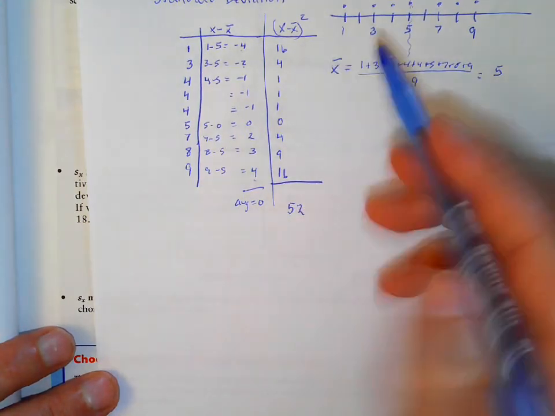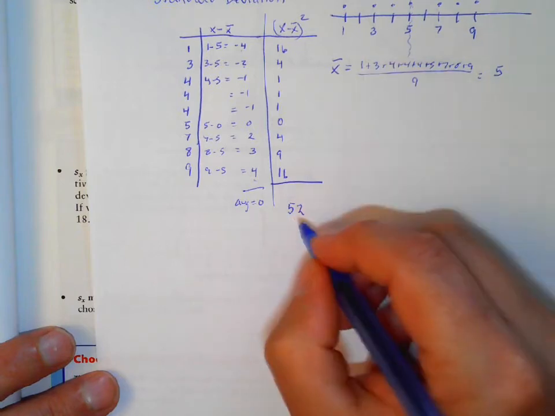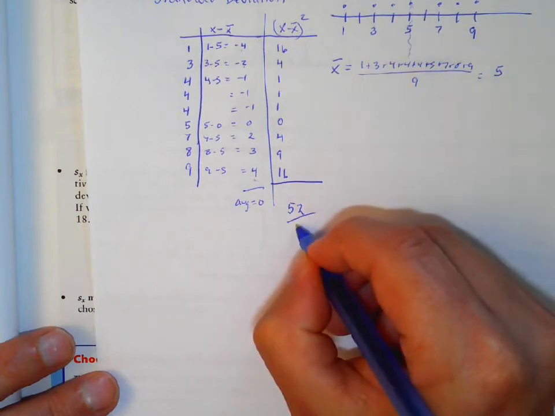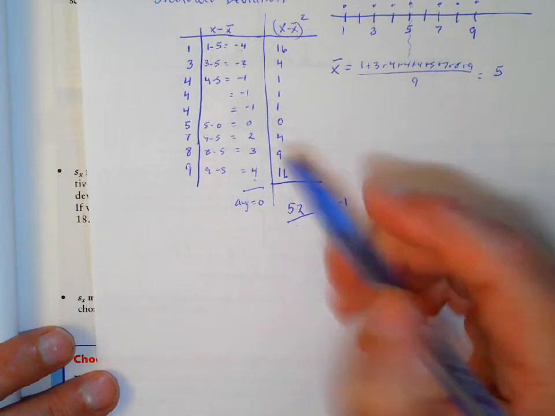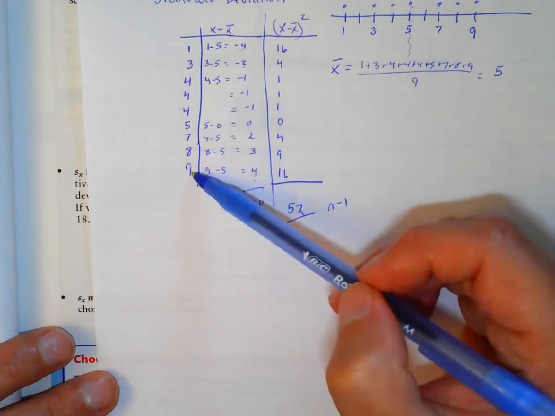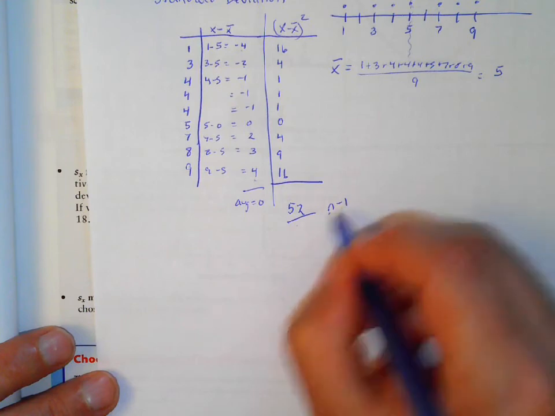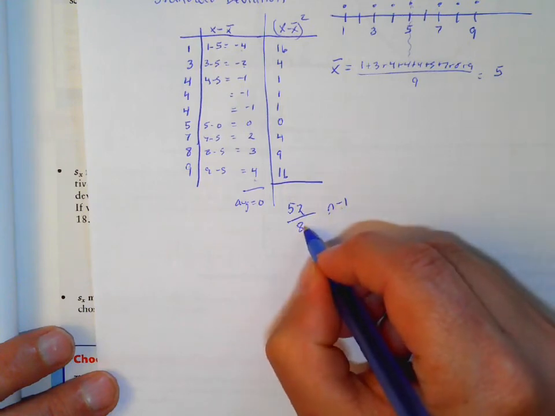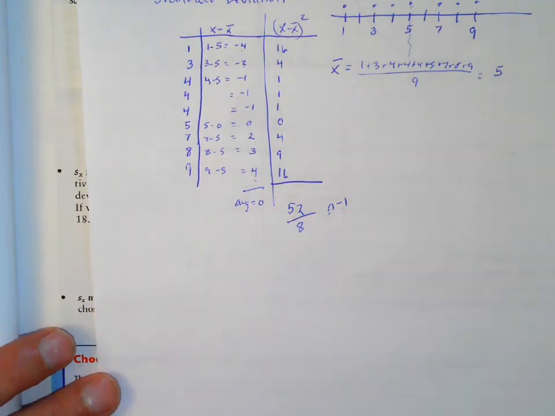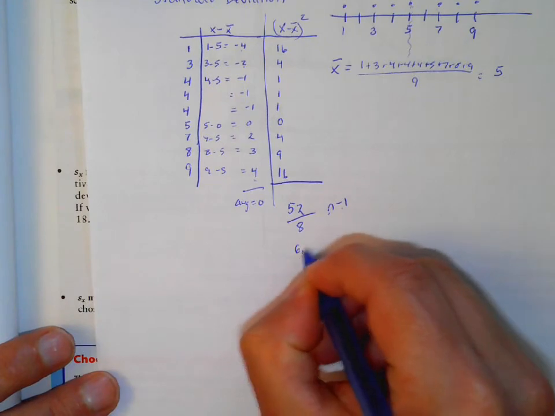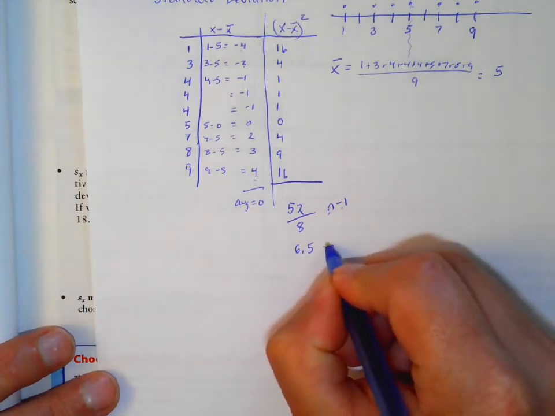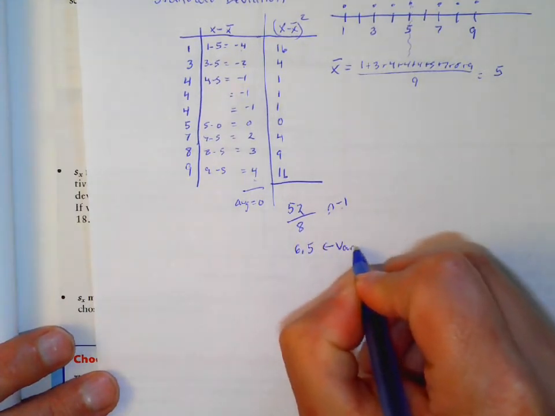Now, since it's from a sample, we're going to divide by n minus 1. There are 9 numbers here, so 9 minus 1 is 8. We're going to take 52 divided by 8, and that gives you 6.5. That 6.5 is called my variance.